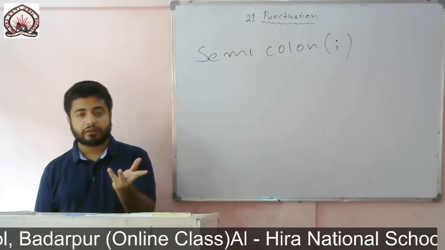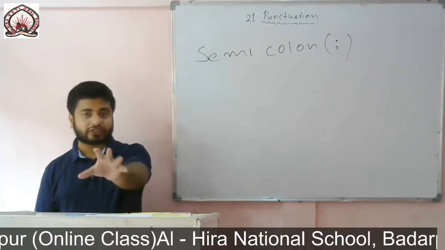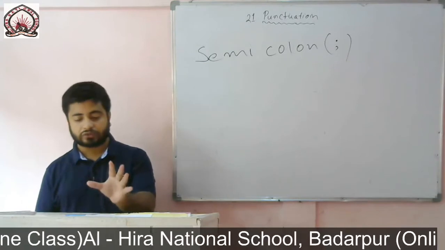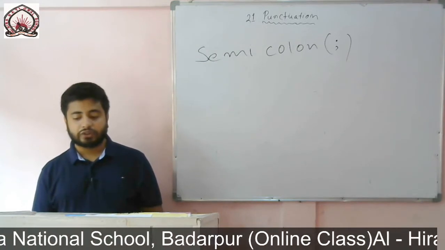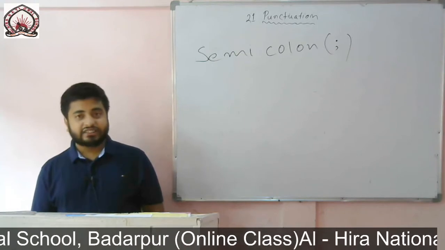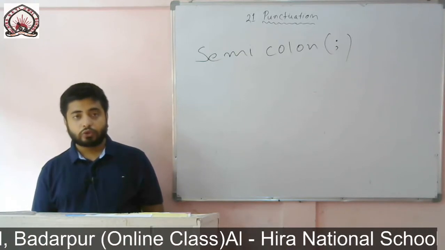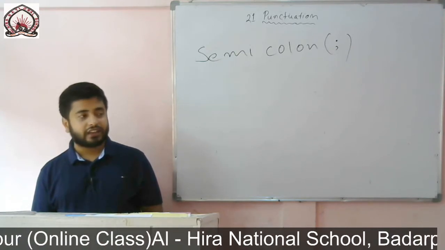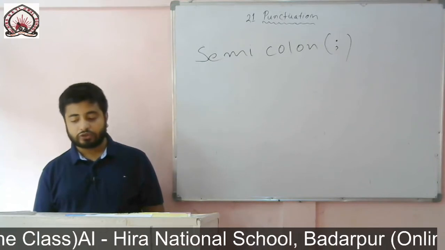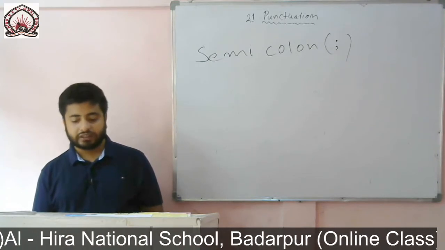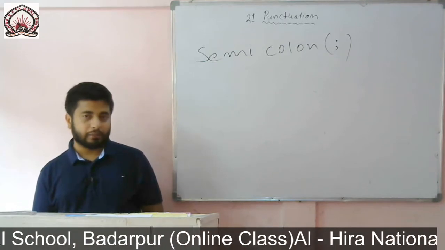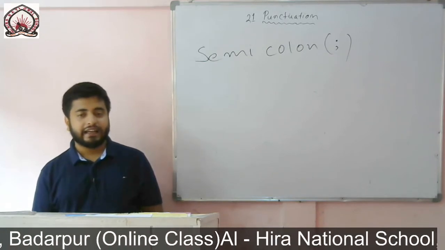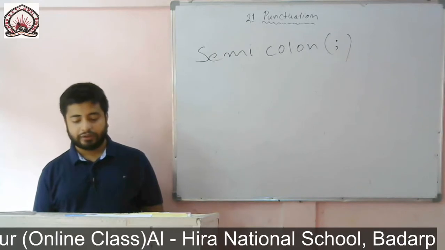To do this, we have to know what a compound sentence is: a sentence that has at least two independent clauses. So what is a clause? A group of words that contains both a subject and a verb. It is what?